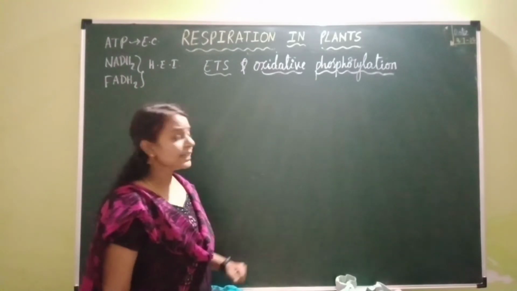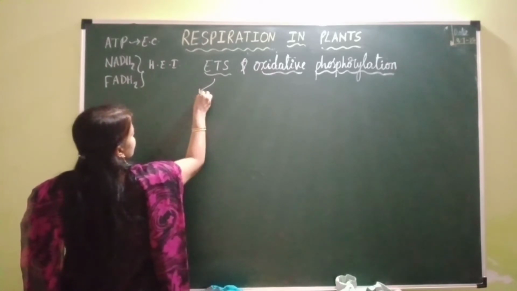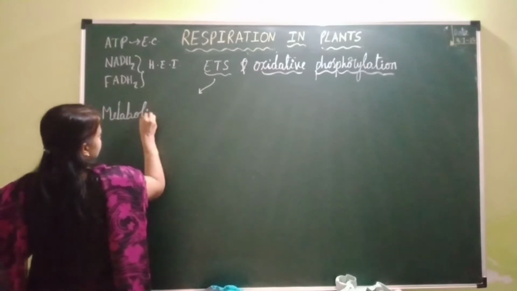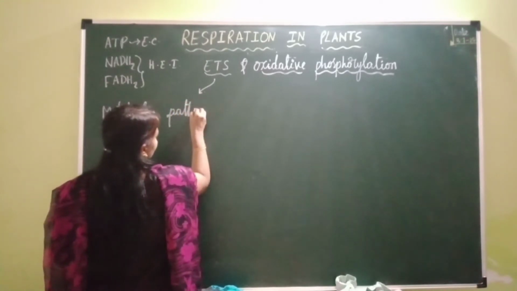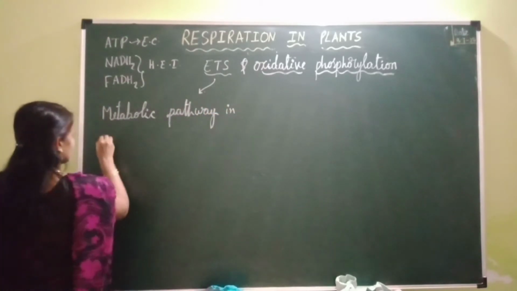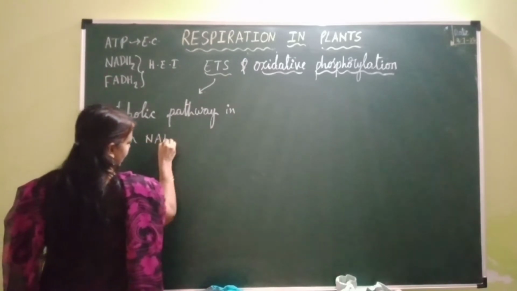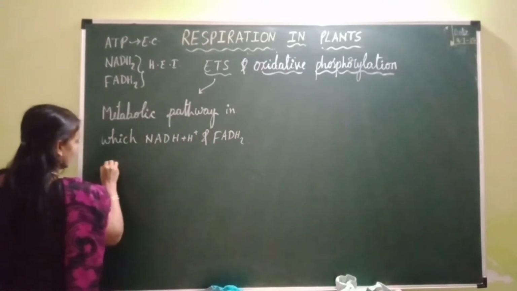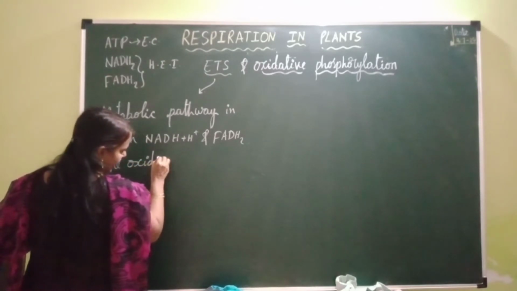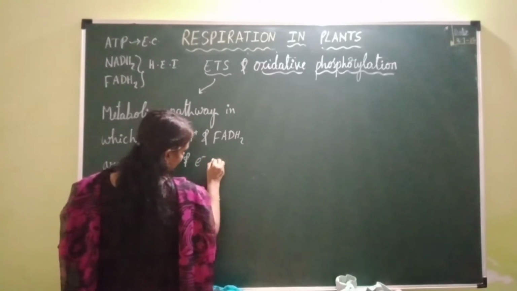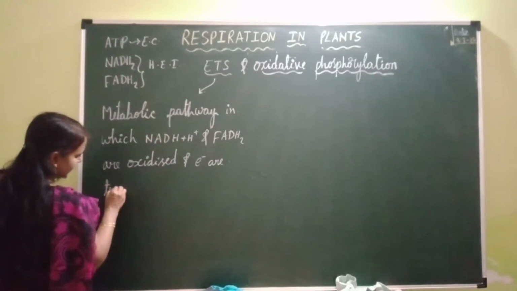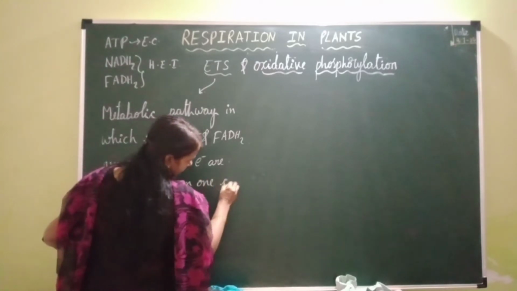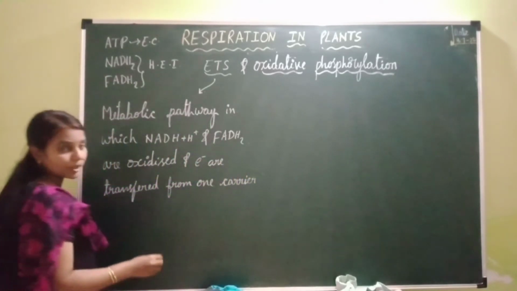Right. Now what is ETS? ETS is a metabolic pathway through which NADH plus H plus and FADH2 are oxidized, and electrons are transferred or passed from one carrier to the other and finally to molecular oxygen, resulting in the formation of metabolic water.